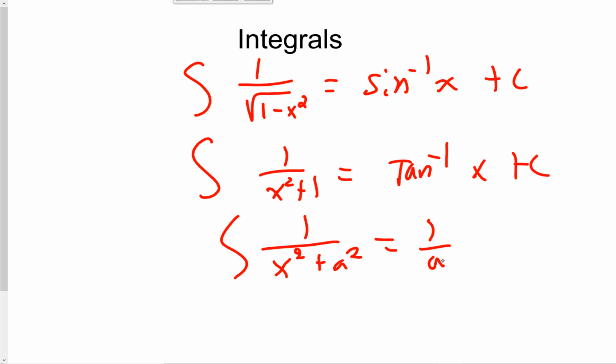So it's 1 over a tan inverse of x over a, and then we add our c at the end. So that's a form of tan inverse. Okay, so those are your integrals, and you can work on some problems. If you have any questions, let me know.